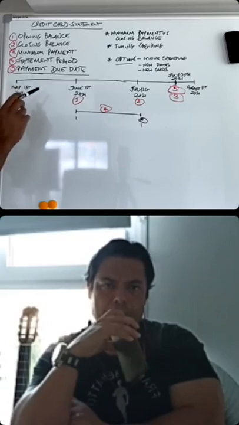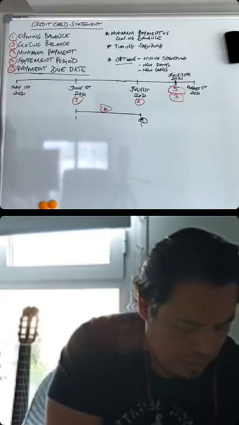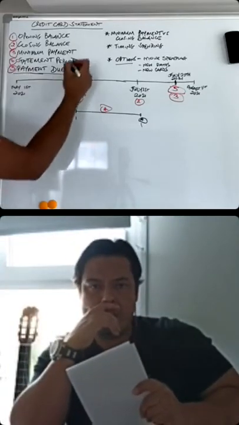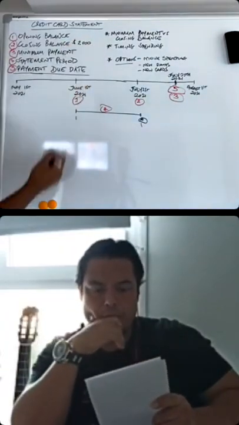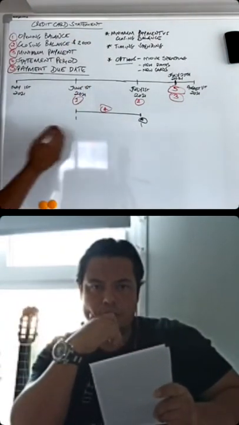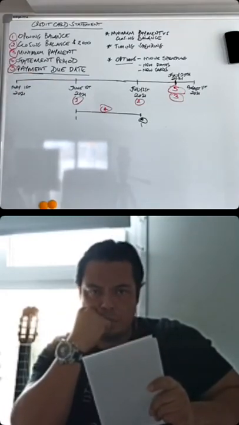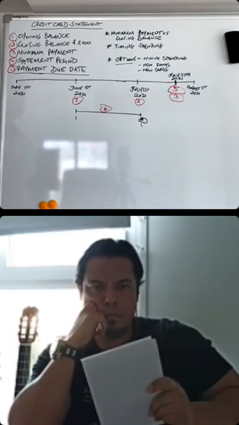Now, the other numbers you'll notice there, you'll have a minimum payment. So let's say we have a closing balance of, say, $2,000. Your minimum payment is normally some percentage of that, and that depends on which credit card company issued it.